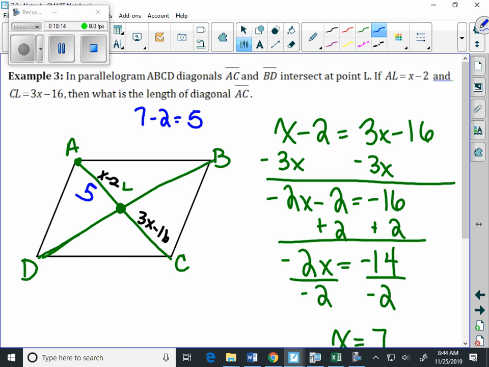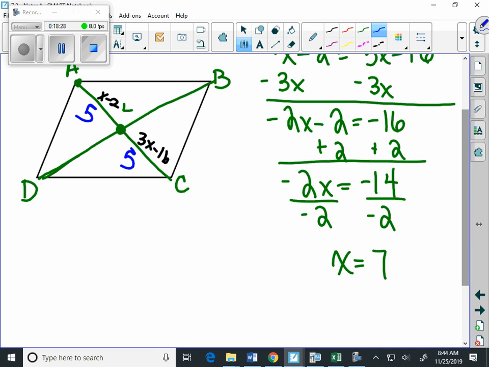And again, if L is the midpoint, then 3 times 7 minus 16 better also equal 5. 3 times 7, by the way, is 21 minus 16, and that also equals 5.